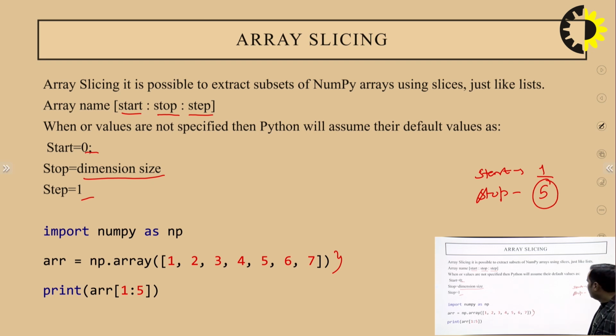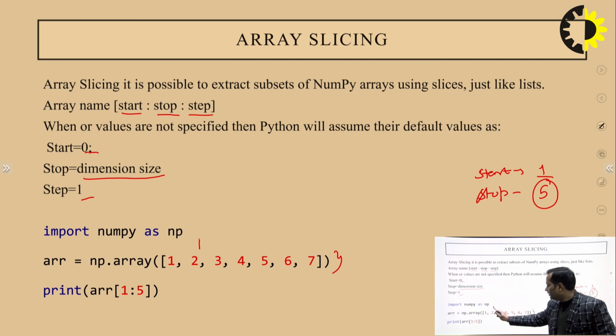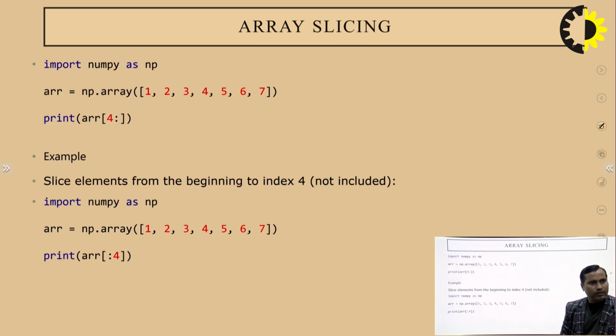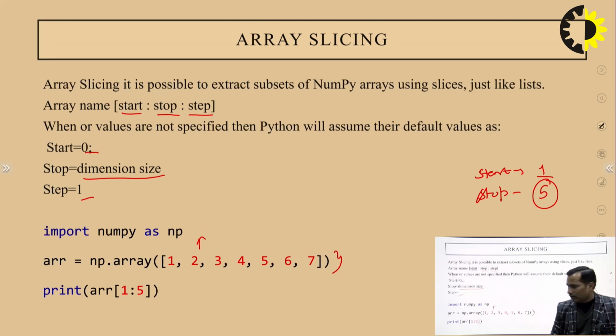So start is 1, which means starting from this index. This is index 0, then 1, 2, 3, 4, and 5. So in this way, we can provide these parameters to print the subsequent elements of the arrays.